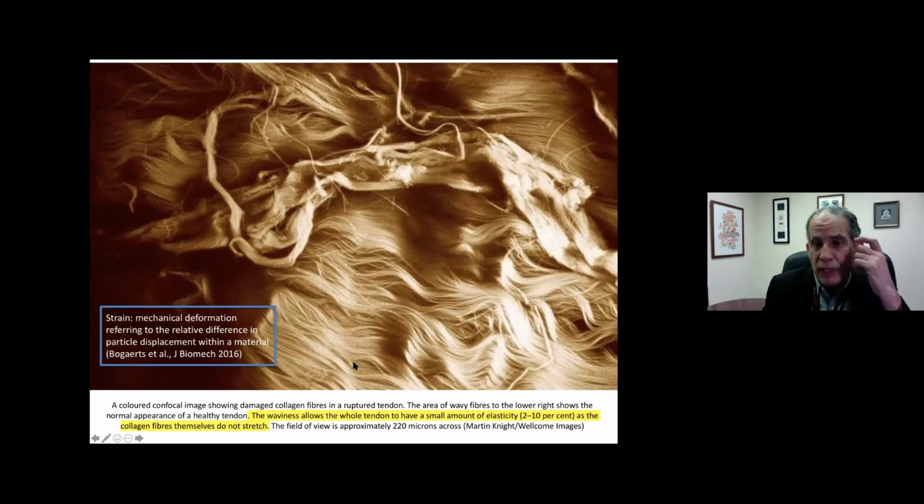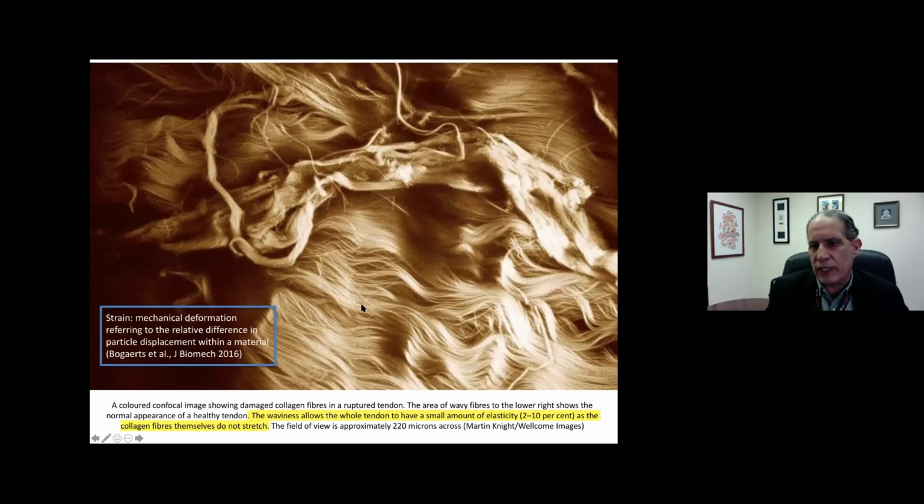Now, when there's a break, you see something like this. This wavy pattern is important because it allows you to stretch the tendon, and there is a small amount of elasticity in the tendon that has been calculated to be between 2 and 10% of the length of the tendon.